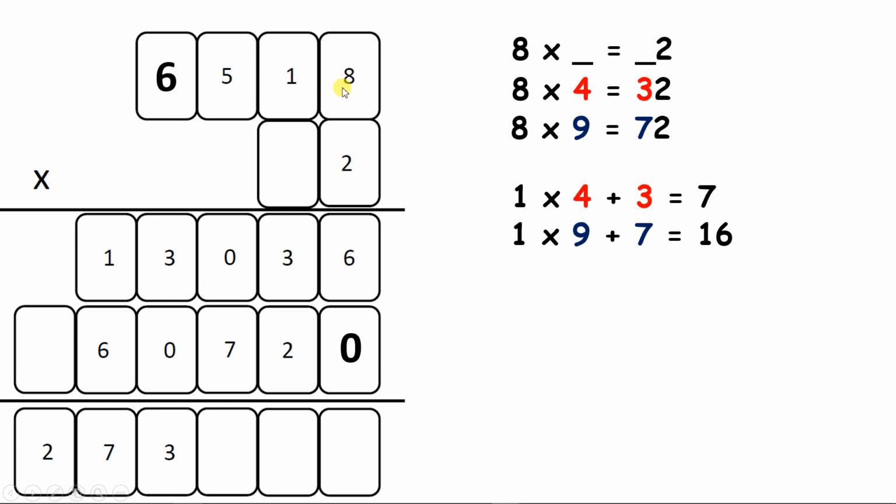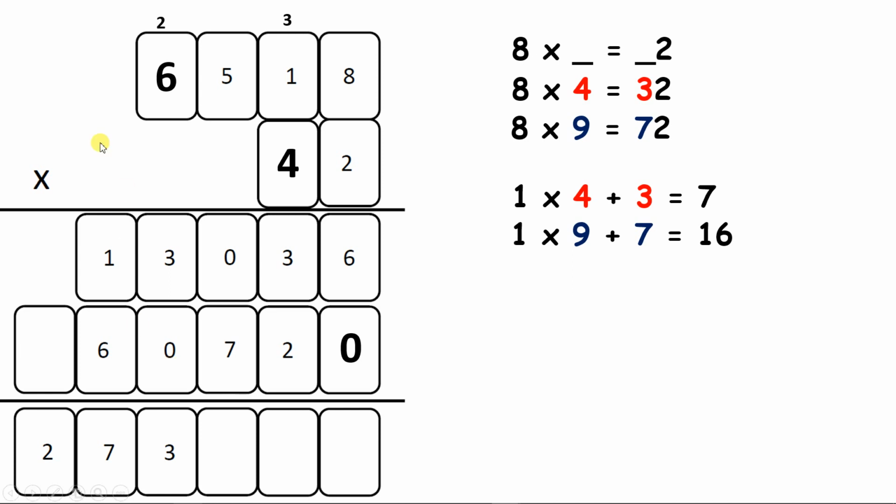They multiplied 8 by 4 and then carried the 3 from their answer of 32, and then they did 1 times 4 plus 3 to get 7. Moving on, we have 5 times 4, which is 20, so we carry the 2 and have 0 in our answer box.